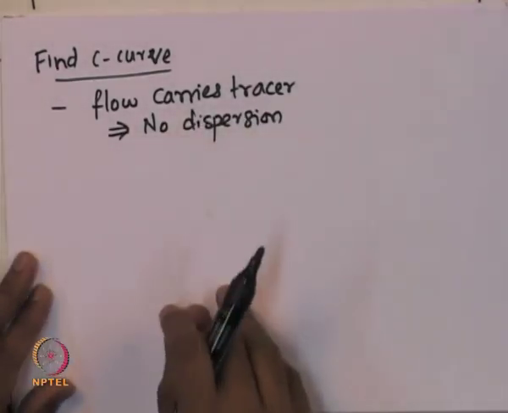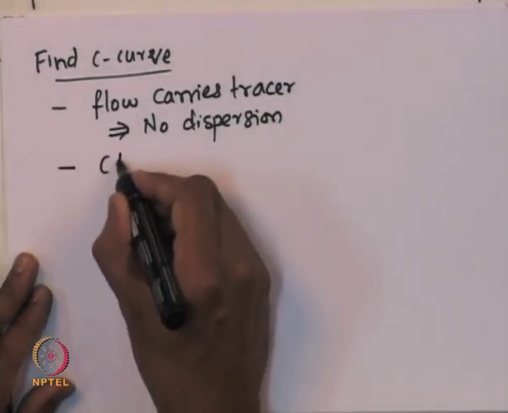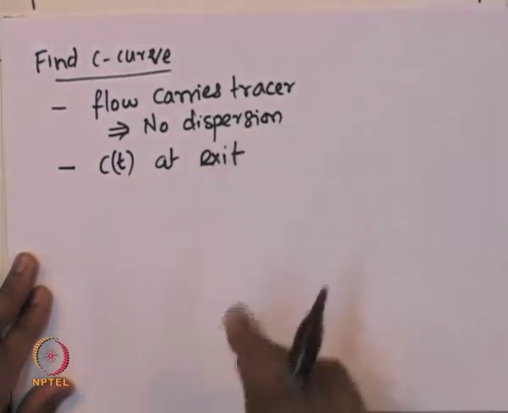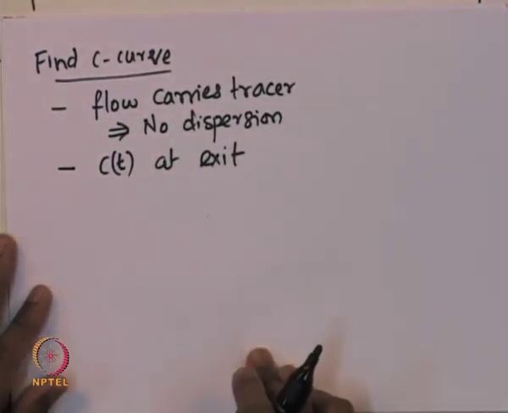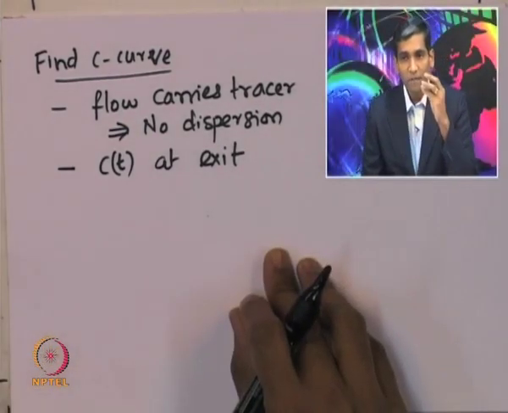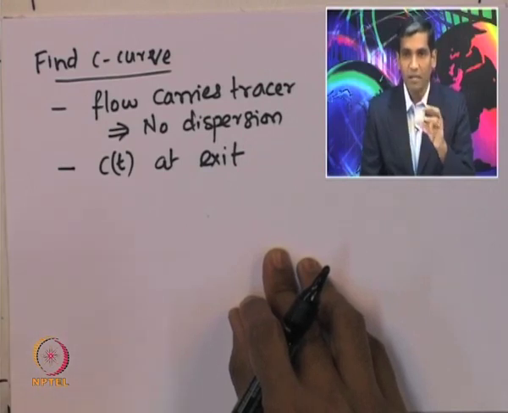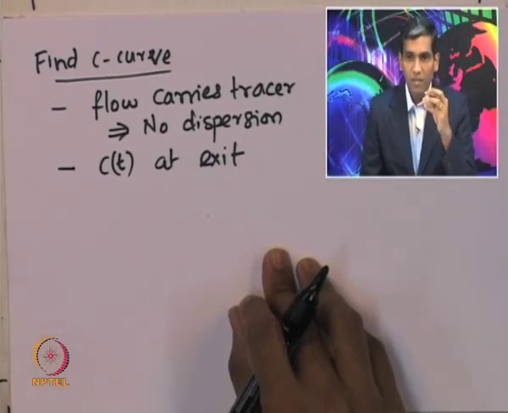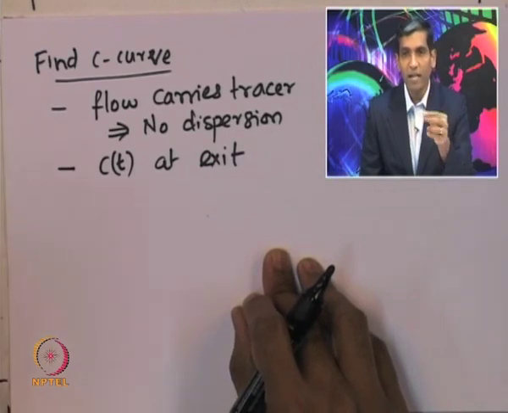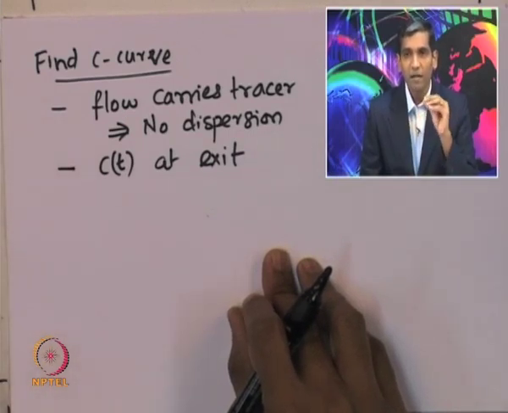Suppose we assume that there is no dispersion, and then we measure the concentration of this tracer at the exit, that is the effluent stream. Now, the trick to construct the C curve is basically to choose a very small time step delta t, such that the concentration of the tracer in the effluent stream within this delta t does not change significantly, and then measure the concentration of the tracer at every delta t, which is very, very small.